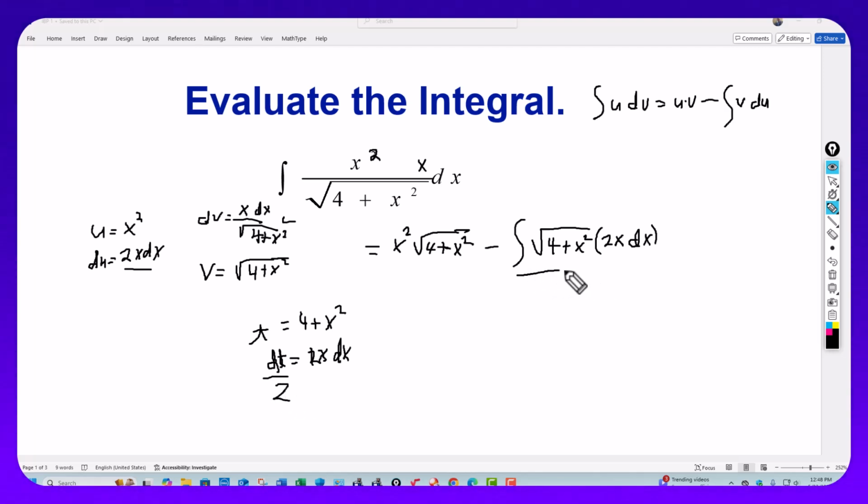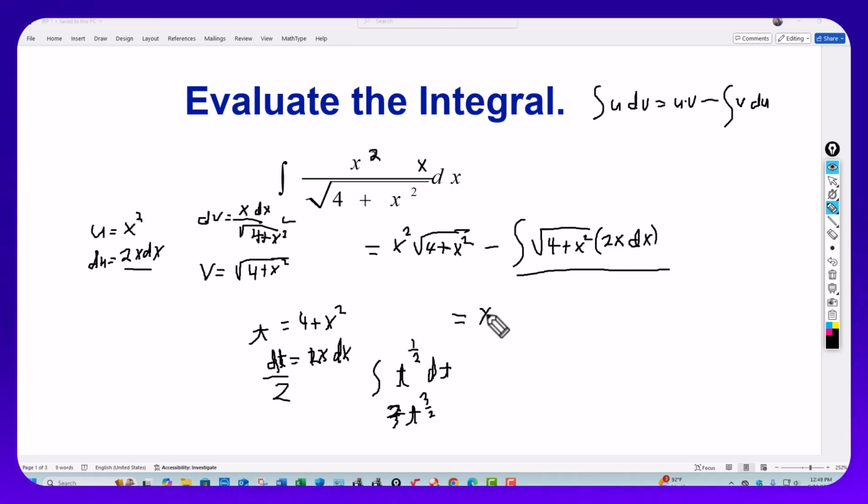So again, focus on this here. And then the integral of that will be 4 plus x squared, that's your u, or t in this case, and that's to the 1/2. And the x dx rather is replaced by dt over 2. So that's going to cancel this 1/2 here and give me a dt. Integrate this, add 1 to the 1/2, we get 3/2. Divide the coefficient by 3/2, we get 2/3.